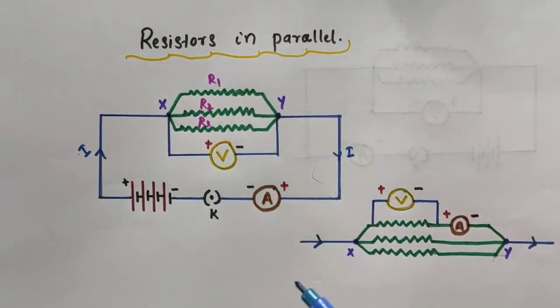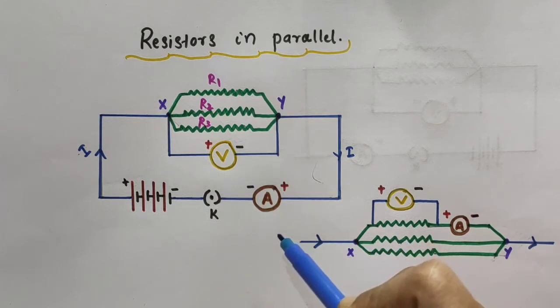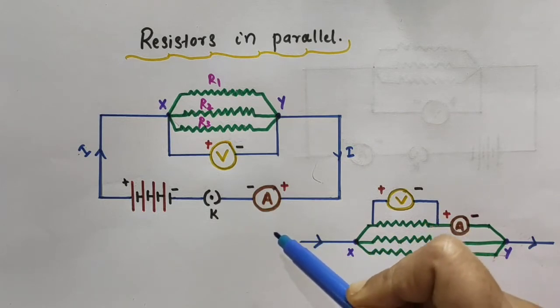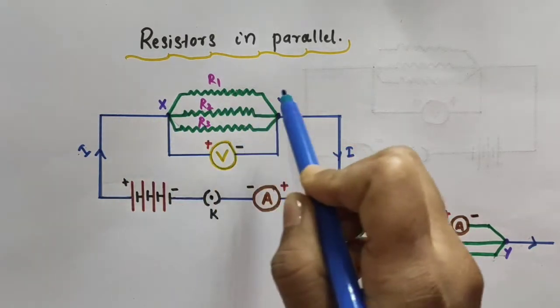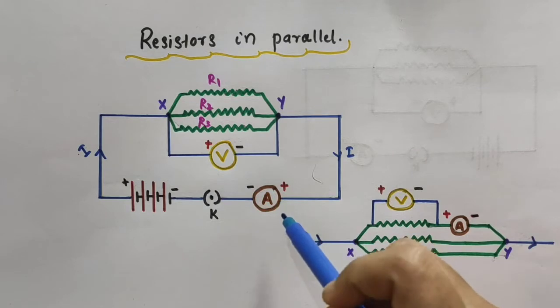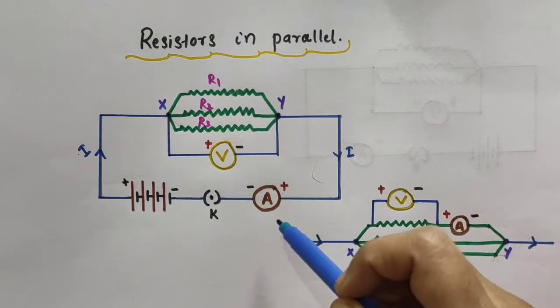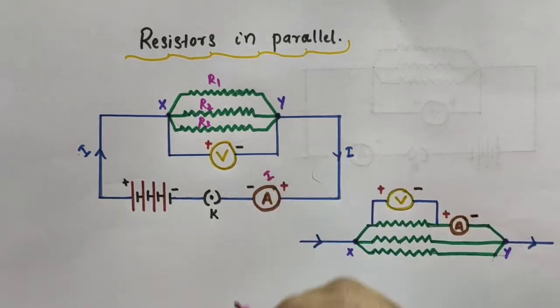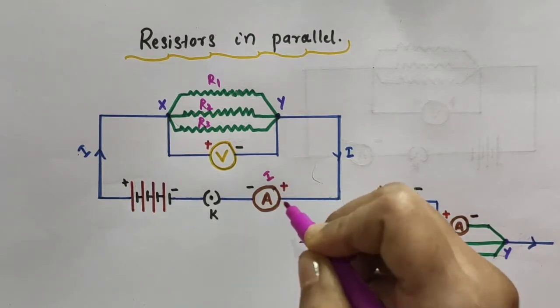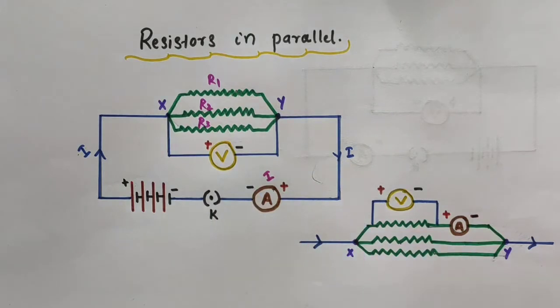Now here we have an ammeter connected. This ammeter will show some reading. The circuit is a closed circuit, so some current starts to flow through the circuit, and here we have an ammeter. Let the reading shown by this ammeter be capital letter I, which is the current flowing through the whole circuit.